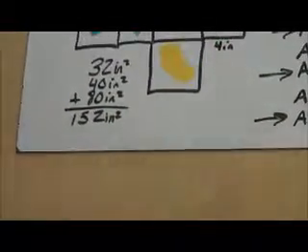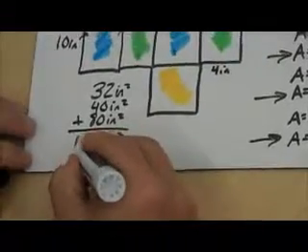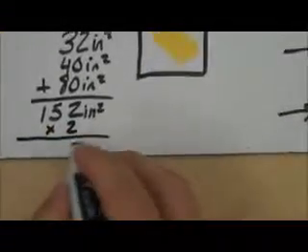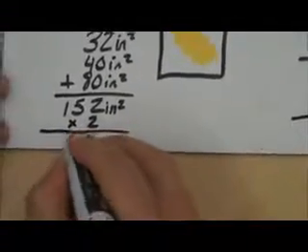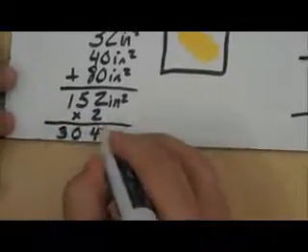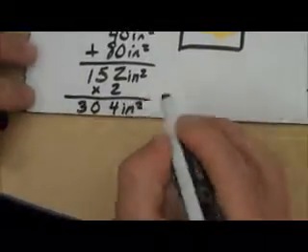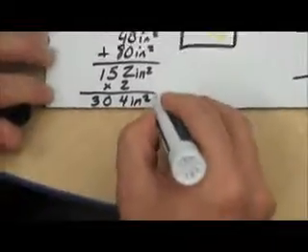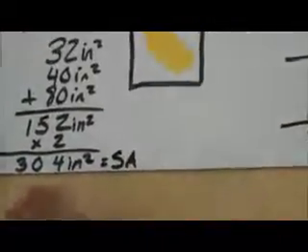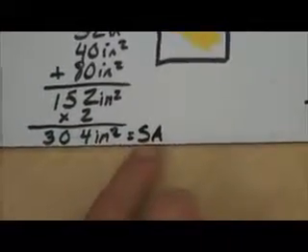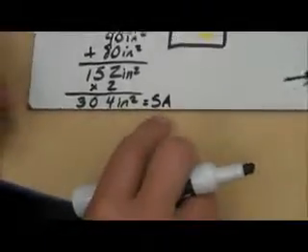Since we have 2 of each, if I multiply by 2 at the end, my grand total for surface area should be 304 inches squared.